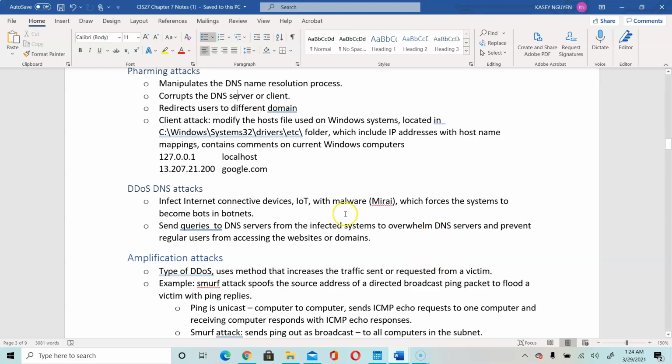And using those systems, they can send queries to the DNS server from the infected systems and prevent legitimate users from accessing the website or the domain. So it makes that domain unavailable or disrupted to legitimate users. In such a sense, that would be a distributed denial of service attack using DNS.